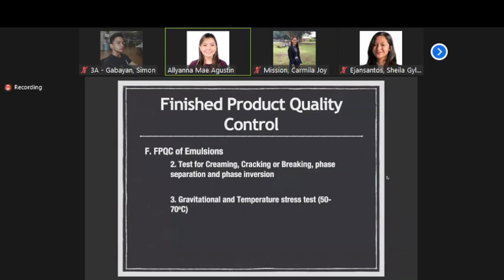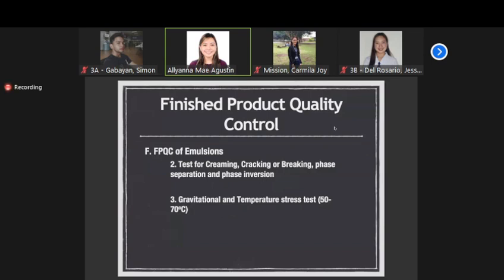Sige. Jessel Del Rosario. Reversible po. O, sino ang reversible? Creaming or cracking? Creaming po. Okay. Creaming, no? Pag sinabing creaming, nag-separate lang saglit.